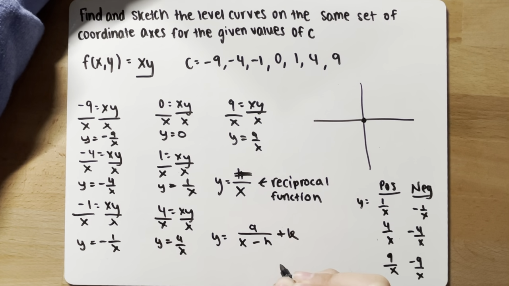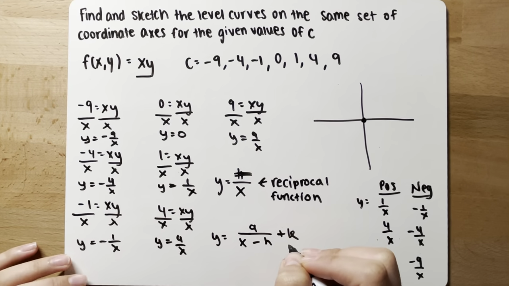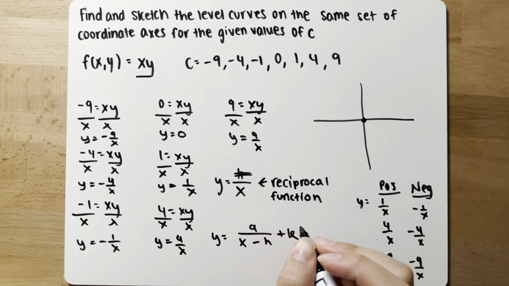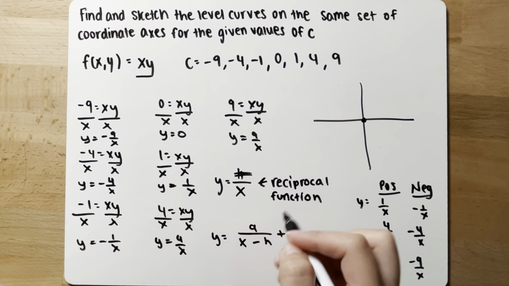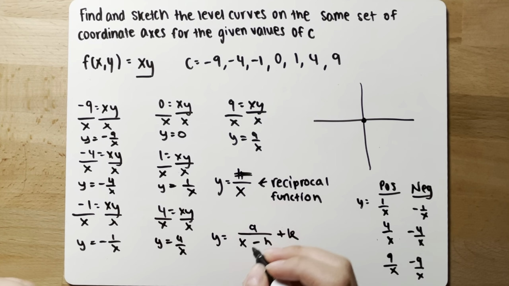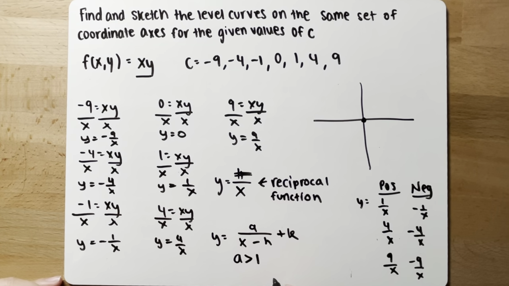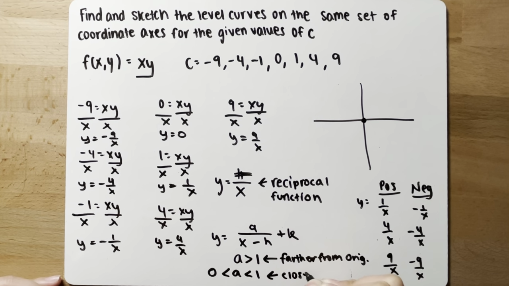And if you want to know where exactly each curve is, you need to look at the a. So if a is greater than 1, that means that the graph will be farther from the origin. If a is less than 1, but is greater than 0, that means that it's closer to the origin.